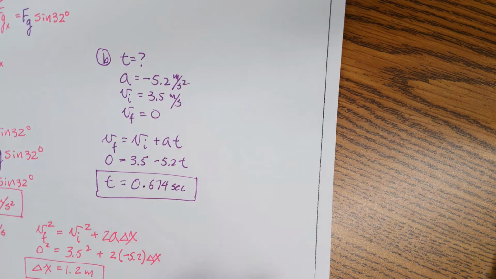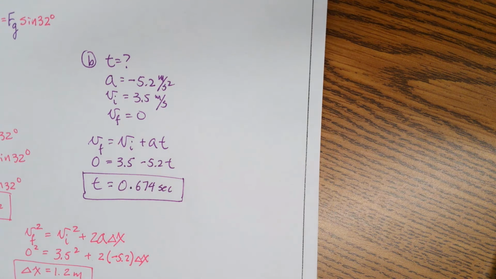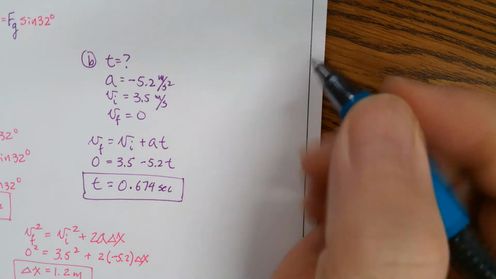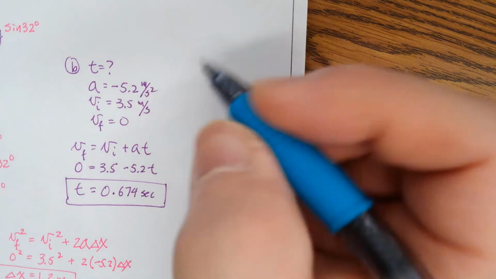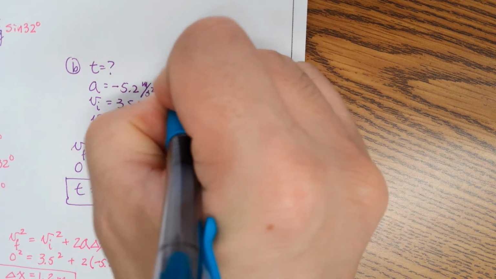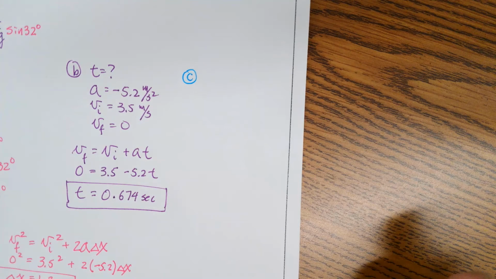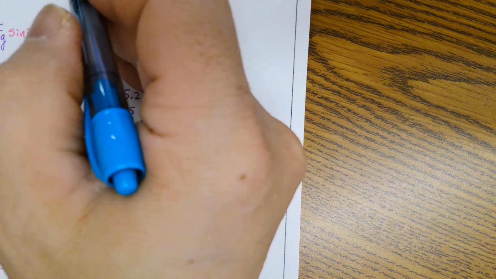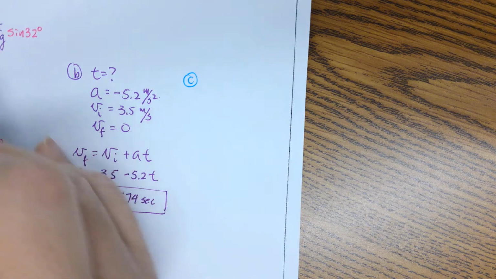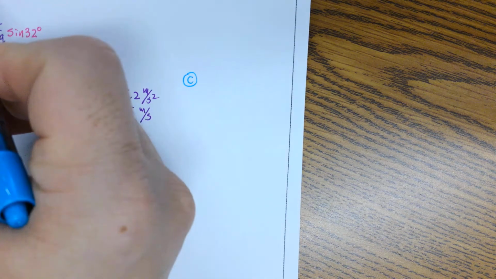All right. What about part C? What is its speed when it gets back to the bottom? Well, symmetrically, since there's no friction, it's going to go up, stop, and the only force that's going to make it accelerate is the FGX going back down.